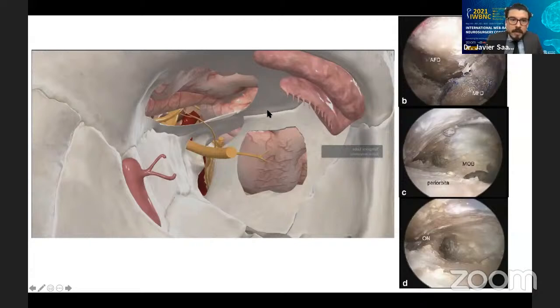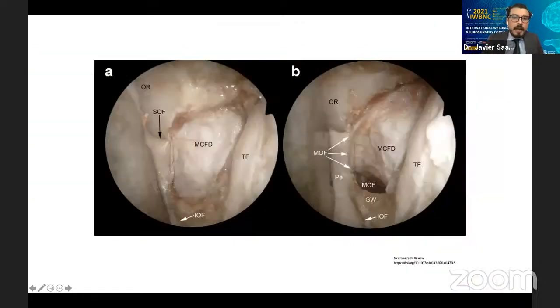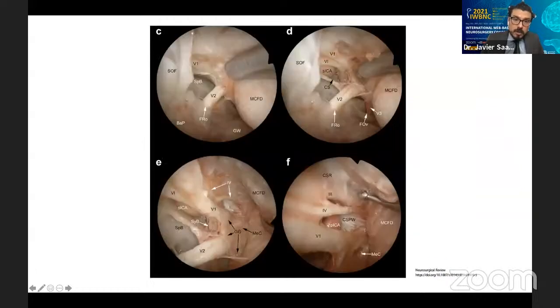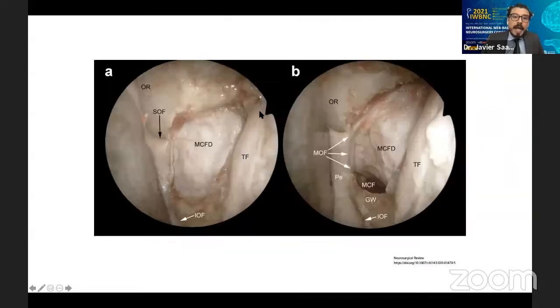Then this is what you'll see. This is the dura mater of the anterior fossa, the dura mater of the middle fossa, the meningo-orbital band, the periorbita, and the optic nerve. And then if we drill more laterally, which is a very important part of this approach, you will get access to the temporal fossa.